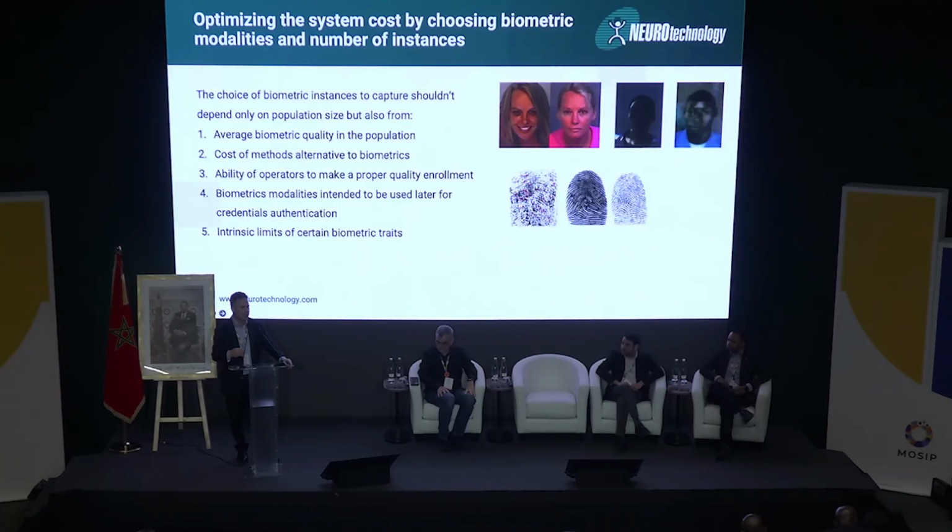So if we are eliminating the usage of certain biometrics, and some people using only fingerprints, for example, cannot be enrolled, we should also understand the costs of the alternative methods for including people who need to be included in the system. And of course, there are intrinsic limitations of certain biometric modalities, like the face, that could not work well for twins.